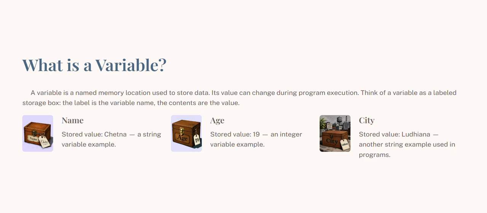Here, for name, the stored value is Chetna, my name, and string is the data type. All text is the string data type, as I told you already. For age, the stored value is an integer, so integer is also a data type. City is Ludhiana or any other city, Delhi, and so on. Another string, this is also a string example.